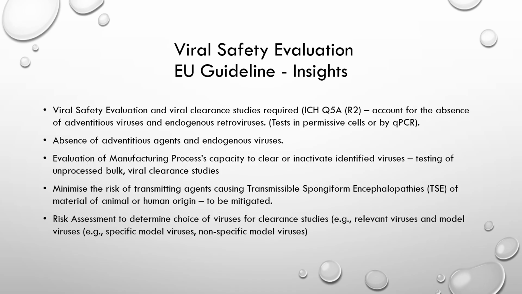And then the other thing that you need to consider is to minimize the risk of transmitting agents causing transmissible spongiform encephalopathies of materials of animal or human origin. So that's another aspect, and that's about where you source your materials and the steps implemented to prevent the risk of transmitting agents such as prions.